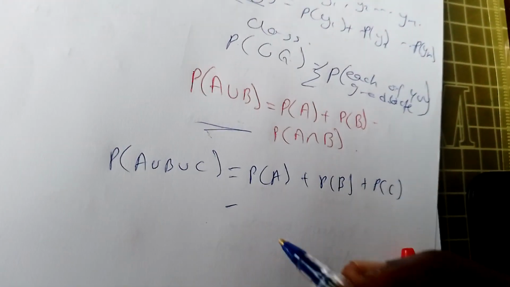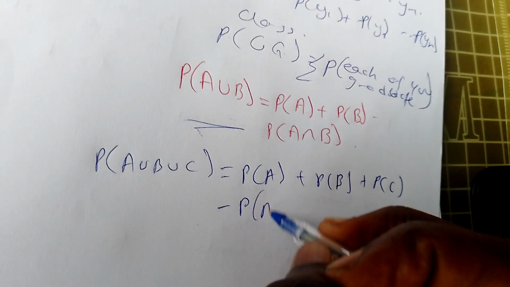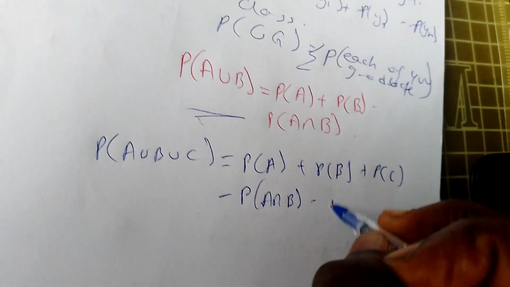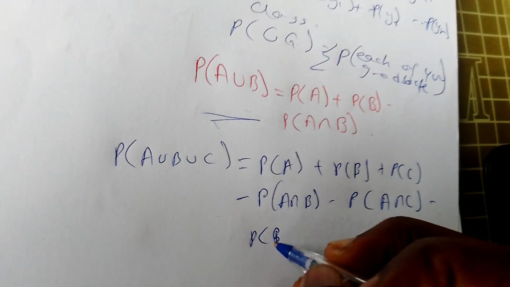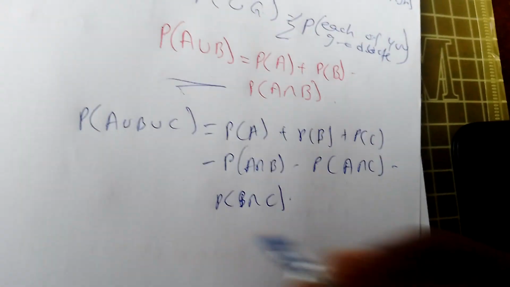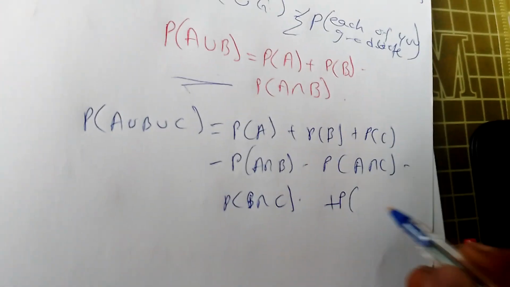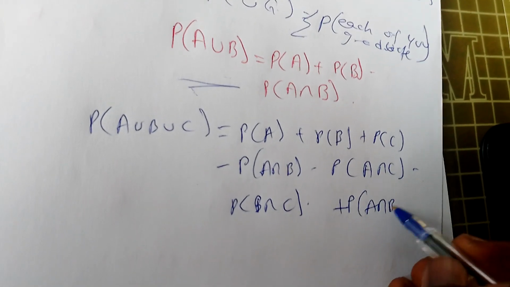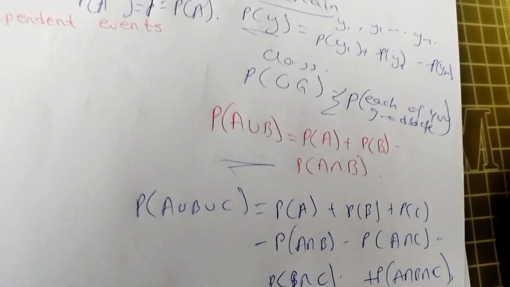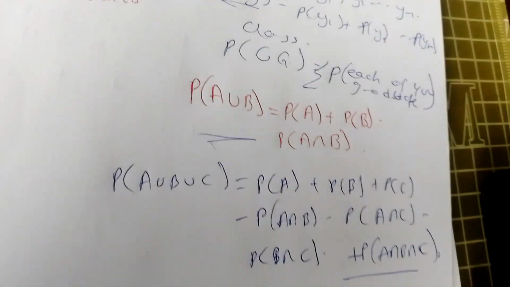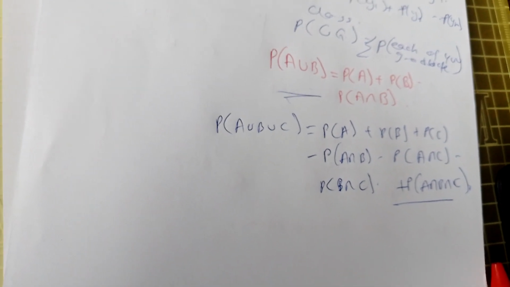You subtract the individual intersections: probability of A intersection B, minus probability of A intersection C, minus probability of B intersection C. Then from here, you do your final addition: the probability of the general intersection, A intersection B intersection C. So that's it. This is one of the properties of probability as well.